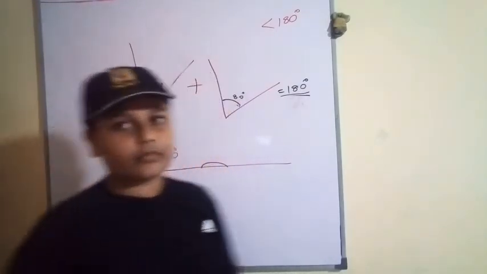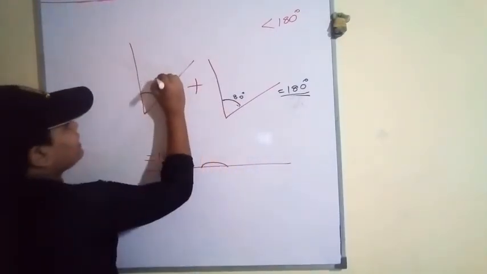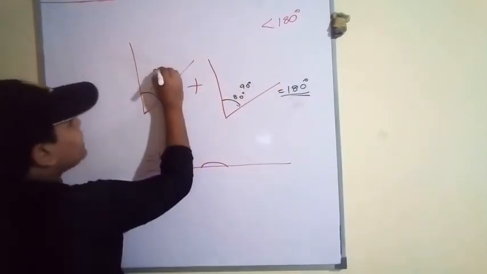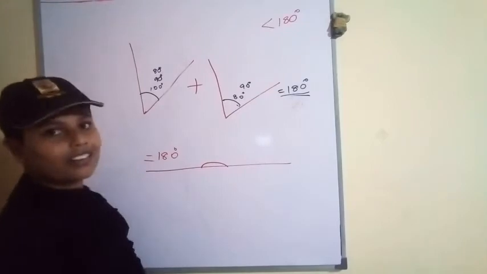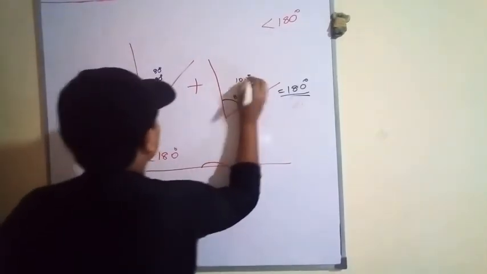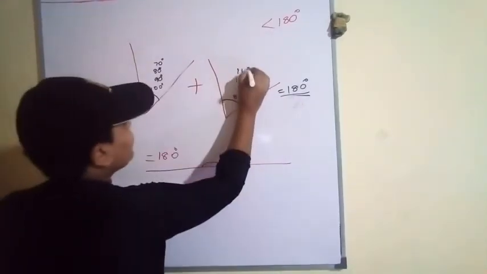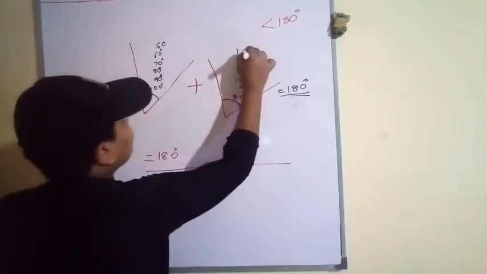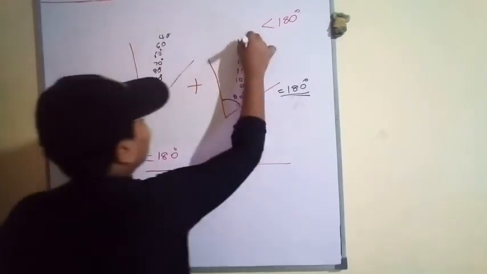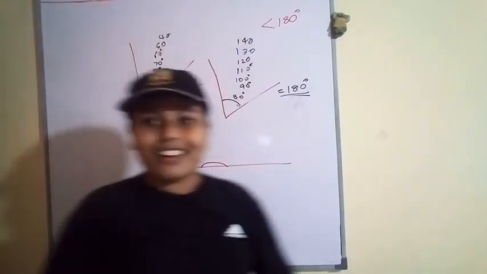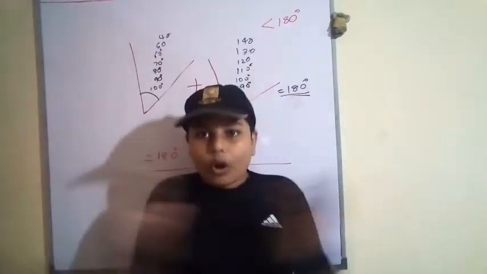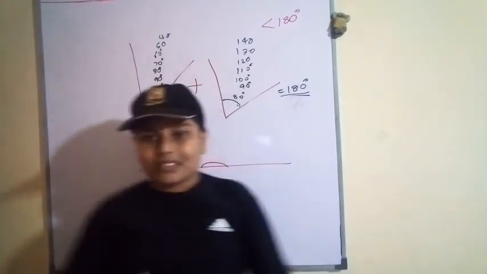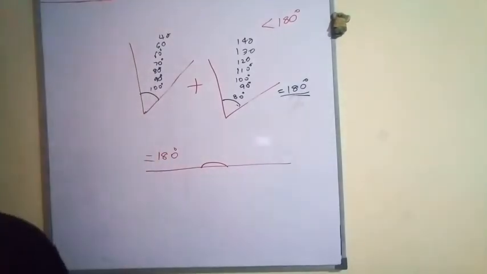You can get 90 plus 90 is 180 degrees, 80 plus 100, 70 plus 110, 60 plus 120, 50 plus 130, 40 plus 140. These two all together give 180 degrees. Now that is the supplementary angles.